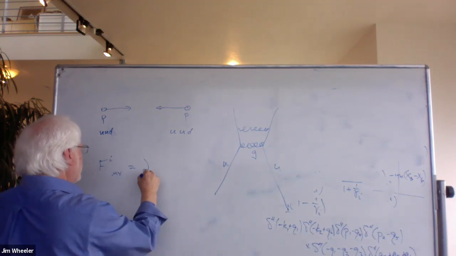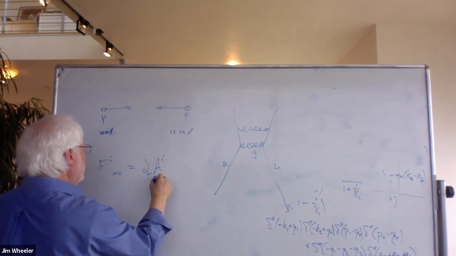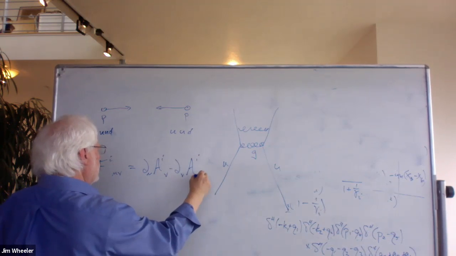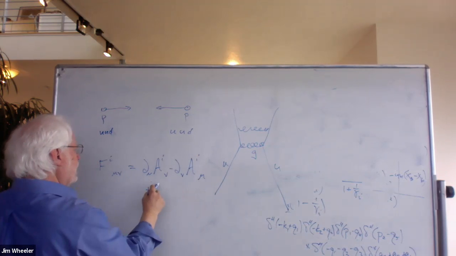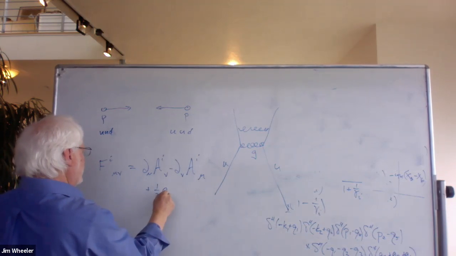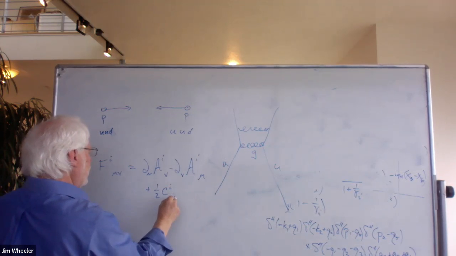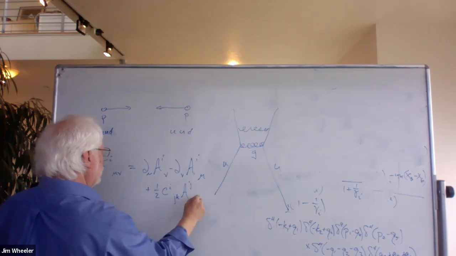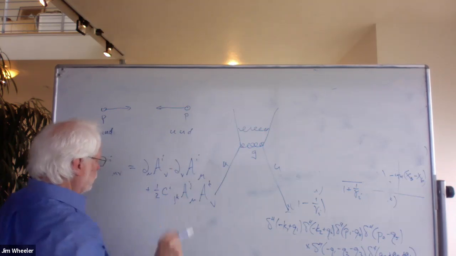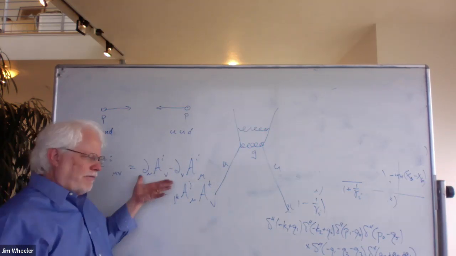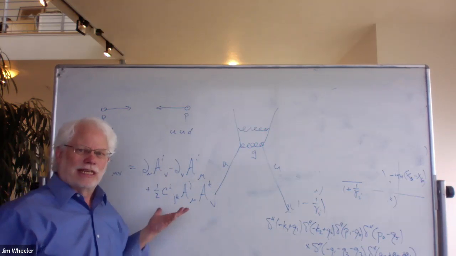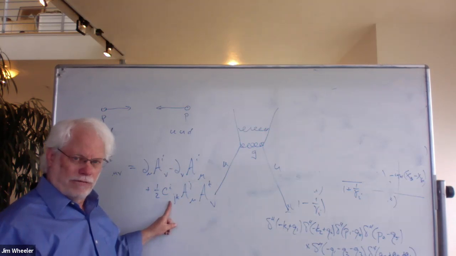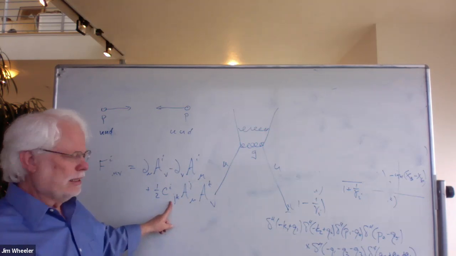You've got potentials for each of these, and then you have a structure constant for SU(3), f^{ijk}. So this is what the field strength looks like in a non-abelian gauge theory, where these are the structure constants of the Lie algebra of the relevant gauge group.